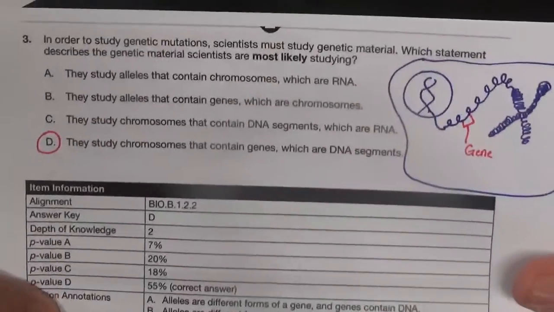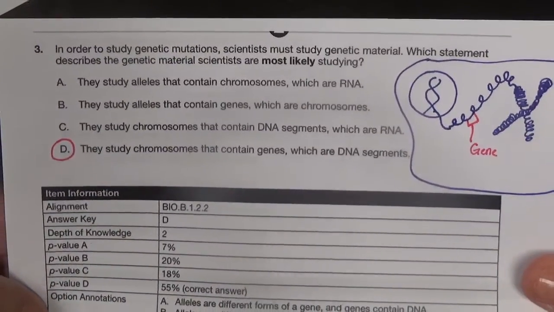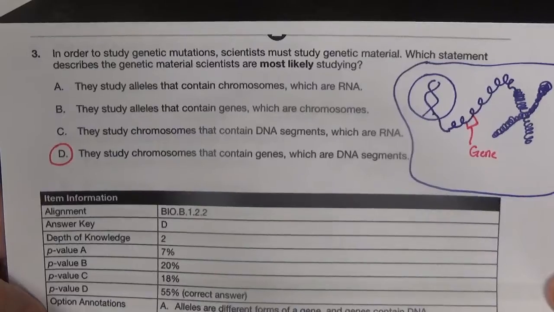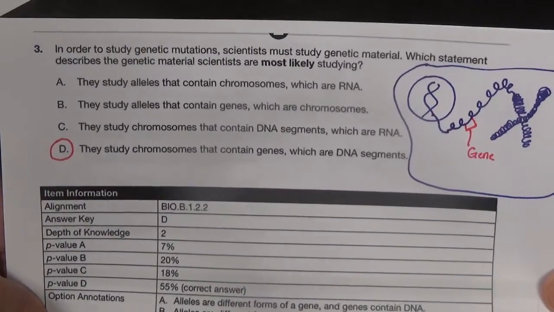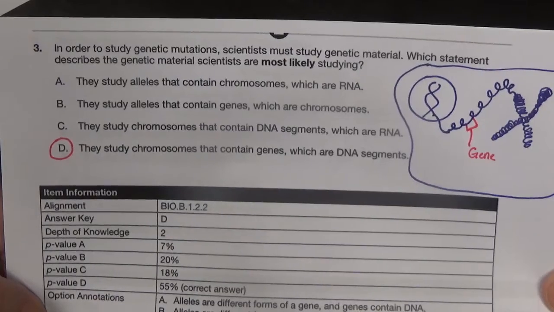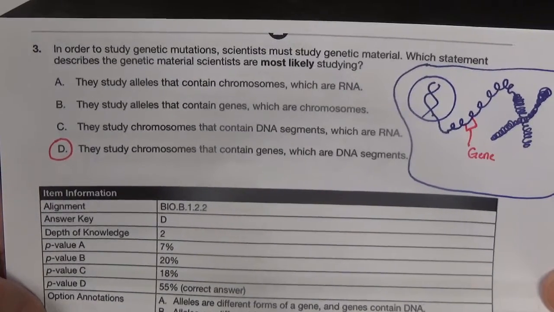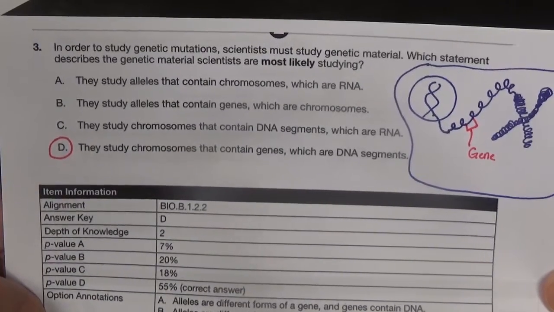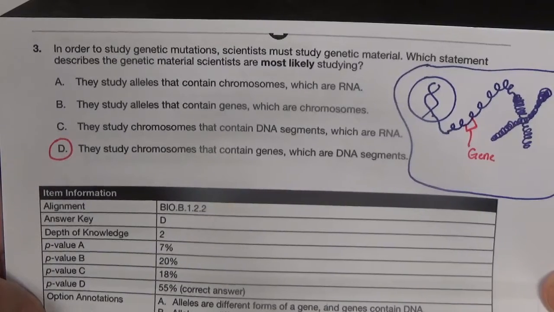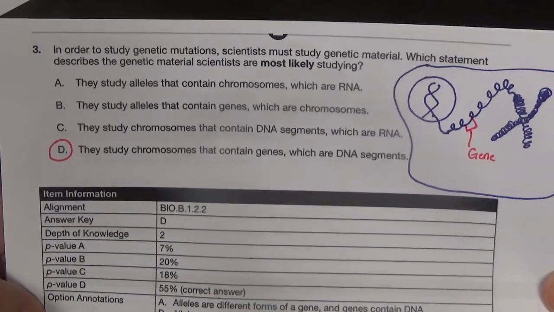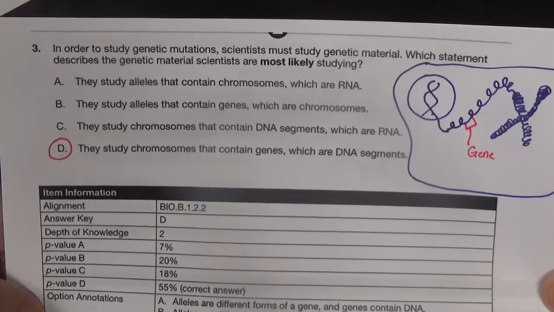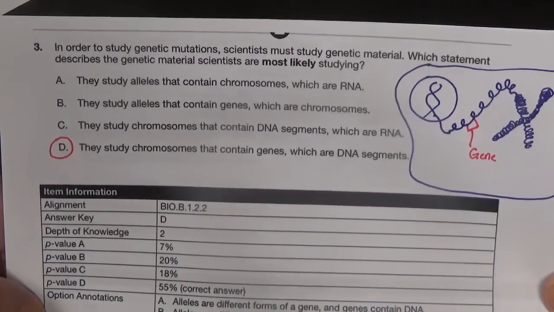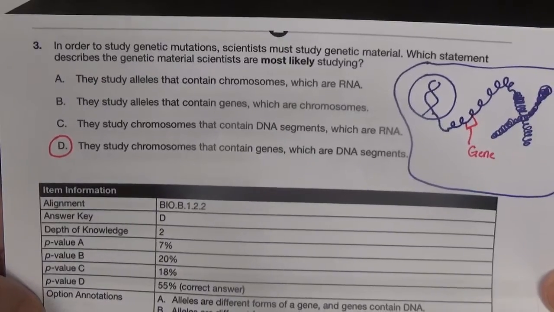Some examples from the Keystone Review. In order to study genetic mutation, scientists must study genetic material. Which statement best describes the genetic material scientists are most likely studying? So looking through all of the choices, they study alleles that contain chromosomes, which are RNA. That doesn't make sense. They study alleles that contain genes, which are chromosomes. They study chromosomes that contain DNA segments, which are RNA.